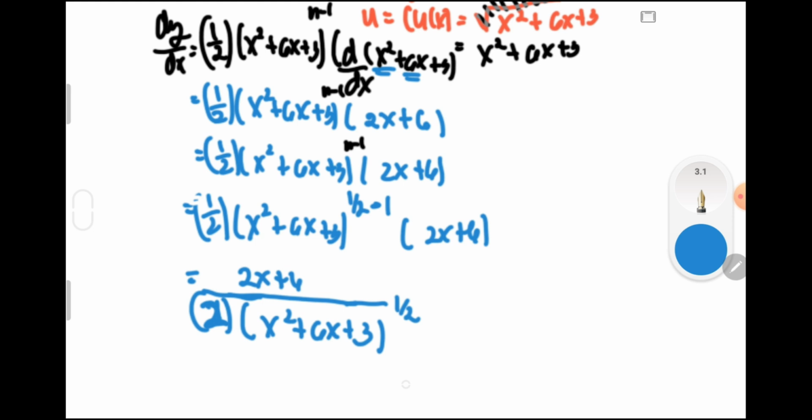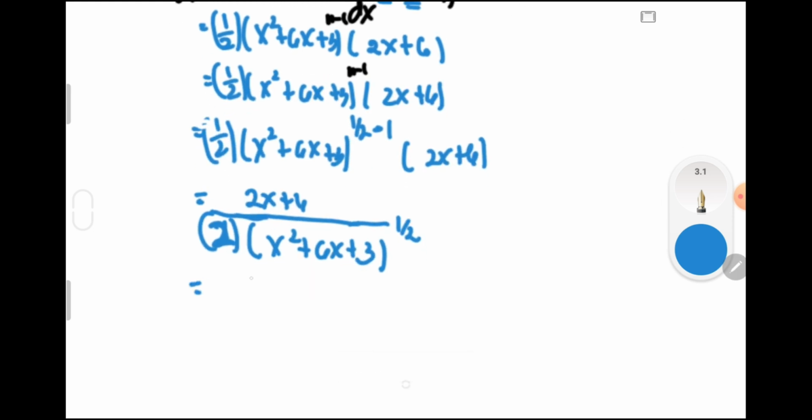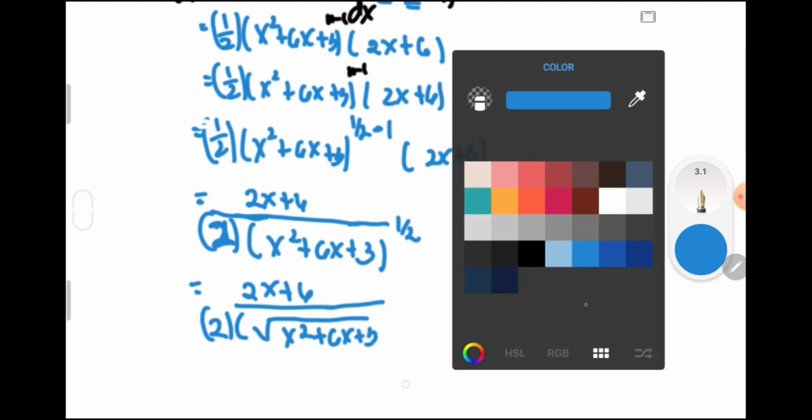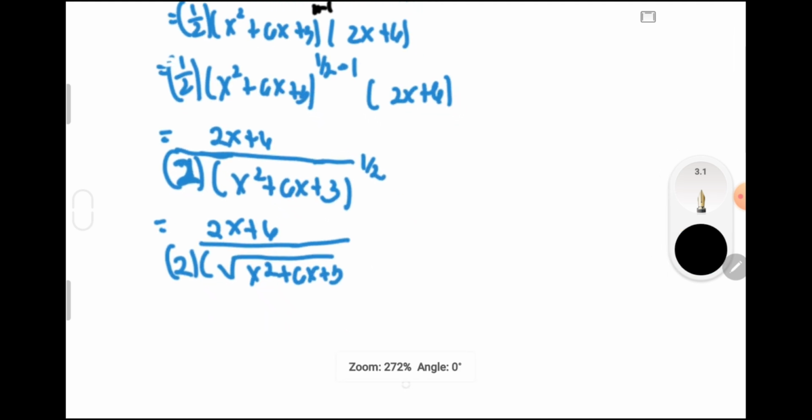Okay, which can be written also as 2x plus 6 divided by 2 multiplied by square root of x squared plus 6x plus 3. To simplify it further, if we factor out the 2, we'll have a value of x plus 3, right?